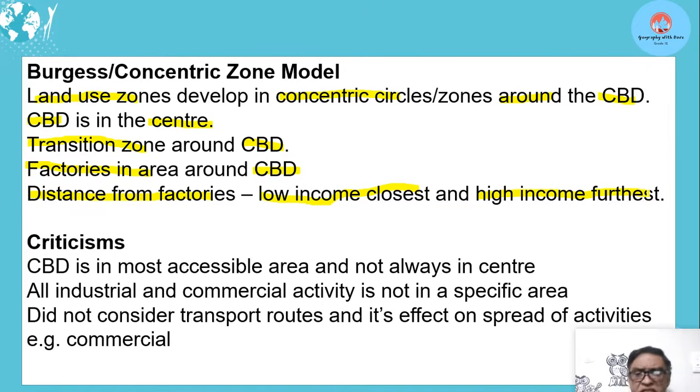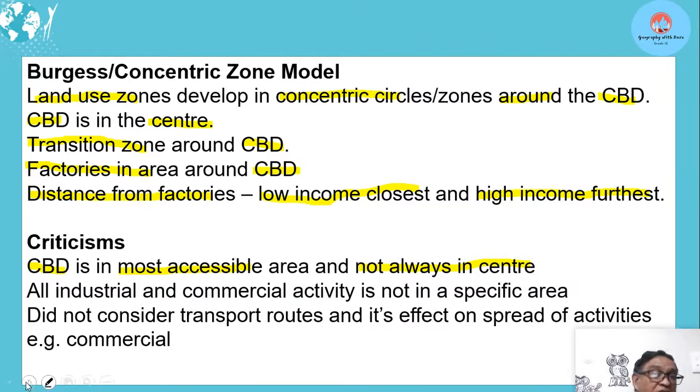Let's look at some criticisms. The first thing he was criticized on: the CBD is in the most accessible part, not always in the center. We must remember that. It's more centralized generally, but it will be in the most accessible part.